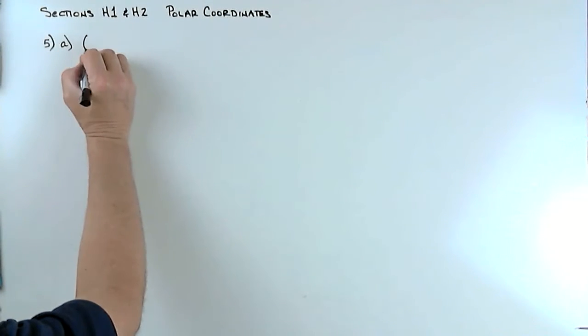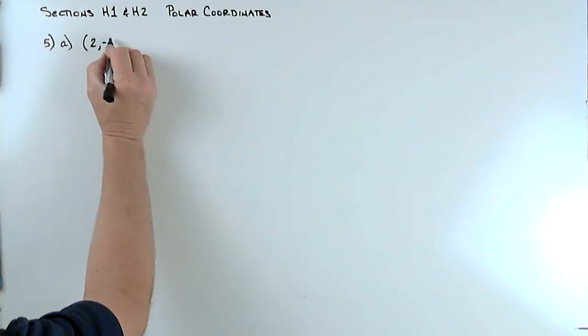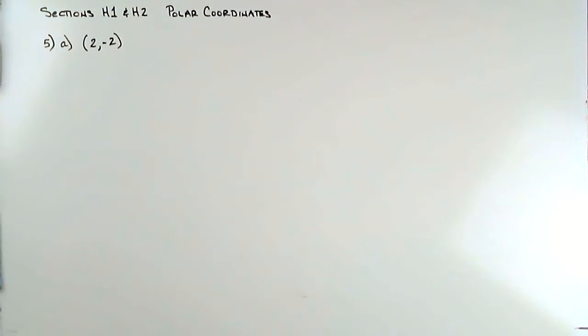Question 5 part A says we're given the point 2, -2, and the directions are: find the polar coordinates for r and theta, where r is greater than 0 and theta is between 0 and 2 pi.